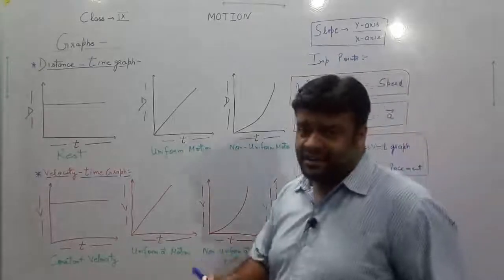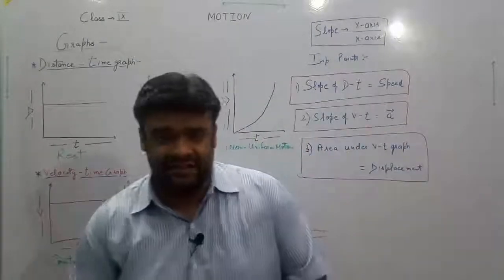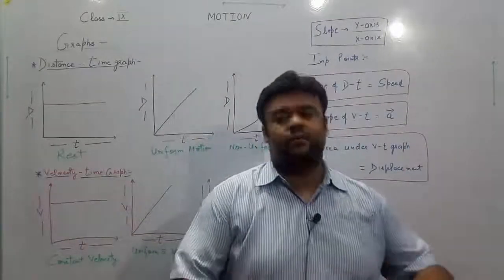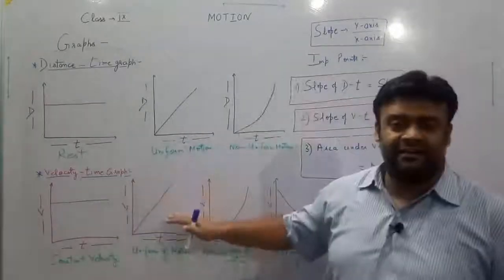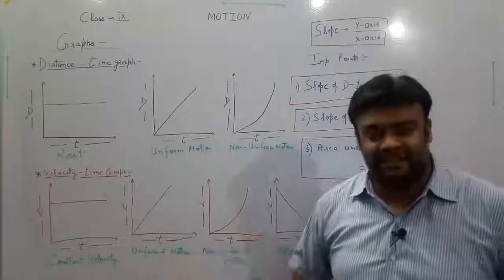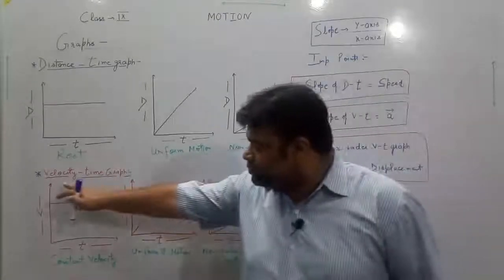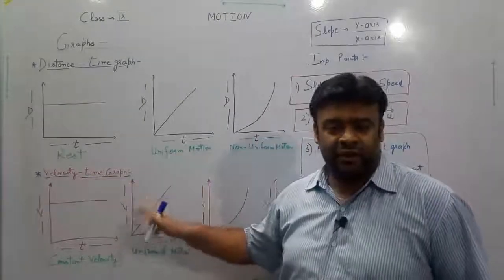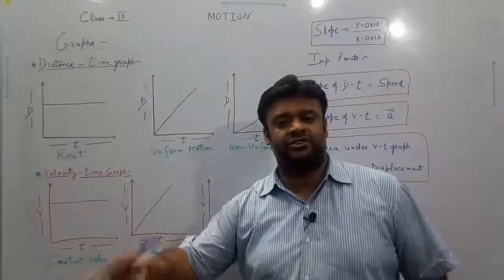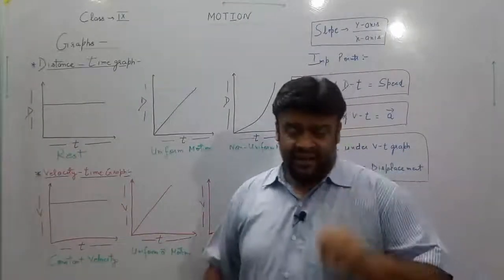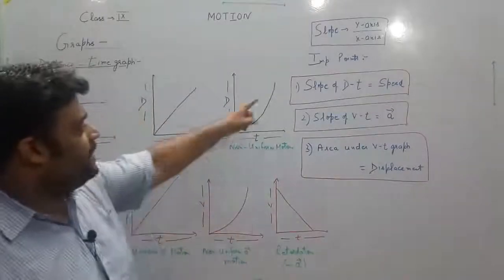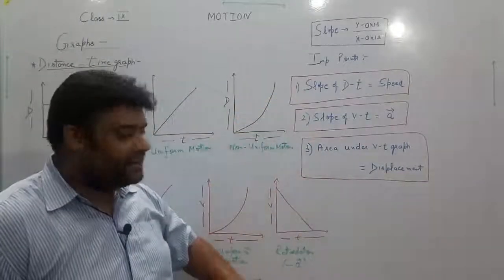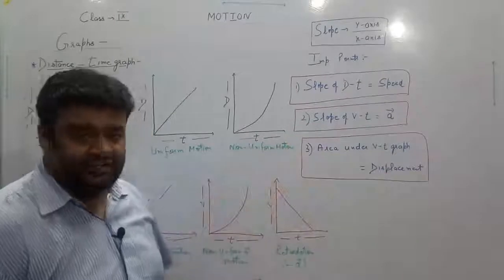Now there are some conditions related to these graphs. We have to derive three equations of motion by the graphical method, in which we use the velocity time graph. Now there are two important points related to the distance time graph and velocity time graph.